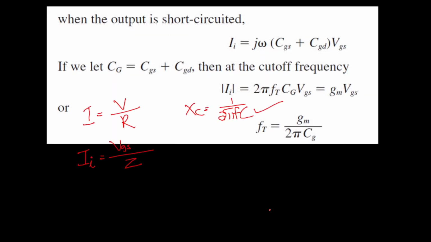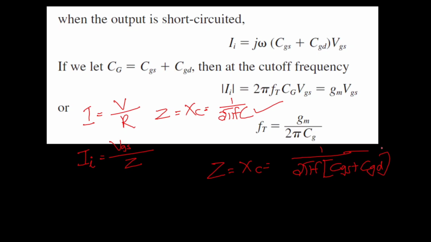If two capacitors are in parallel, the equivalent capacitance will be the sum of those two, we know that. So this is actually the impedance: Z is equal to XC is equal to 1 by 2 pi f into CGS plus CGD, isn't it? So I am going to substitute the Z value here.